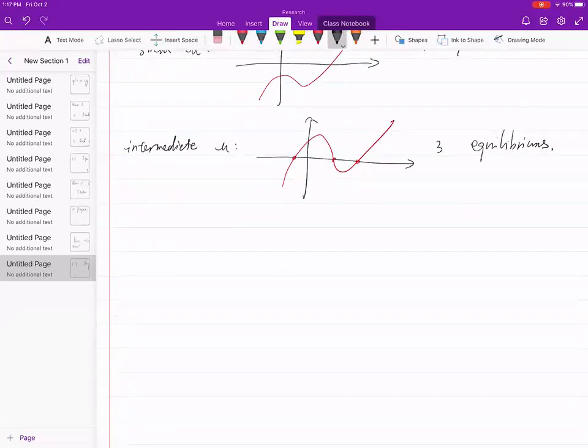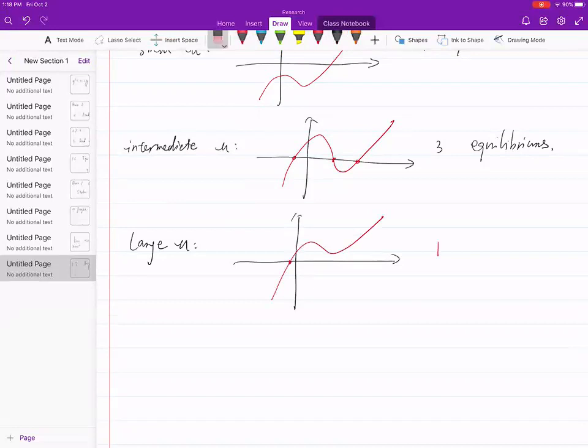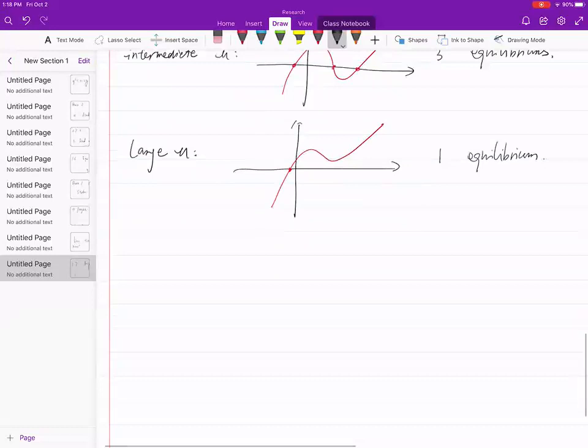For large mu, which means you shift everything up to the extreme, it's going to be one equilibrium again. Sounds good?